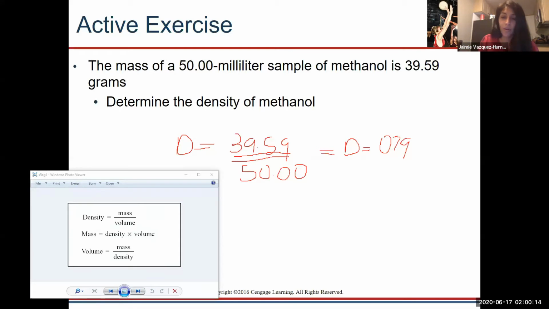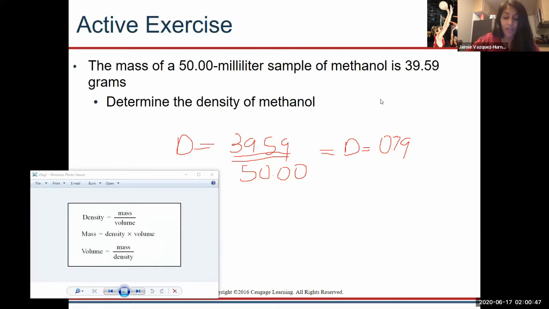Am I wrong or am I right? How many sig figs? It should be 2. No, we're going by the grams, right? So it's 4. You would go by grams and by volume. How many are there for volume? There's 4. And then for grams? There's 4 too. Okay. So my answer was 0.7918.